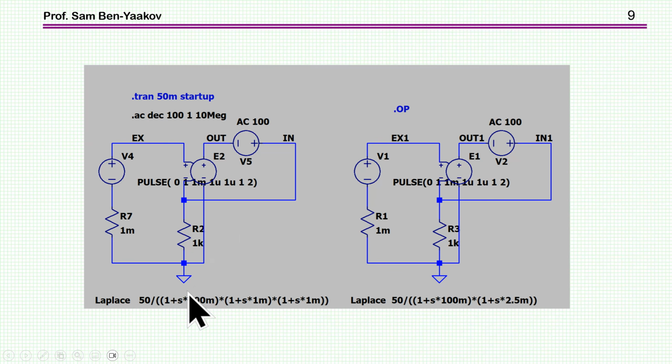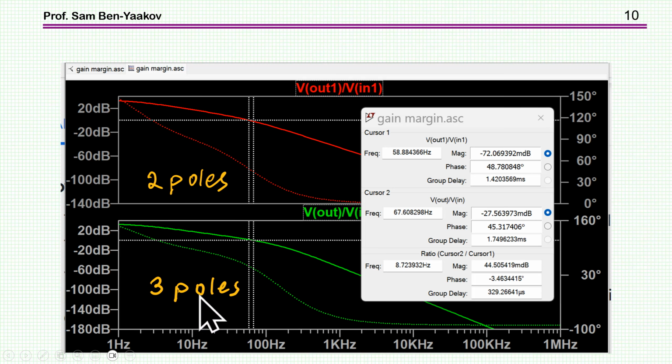So I have two systems with somewhat different loop gains, but I've made an effort such that the crossover frequency and the phase margin of the two systems will be the same. So I can compare them knowing that the phase margin is the same while the gain margin is not.